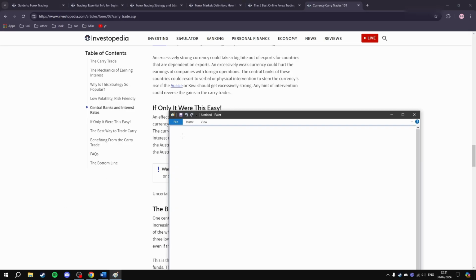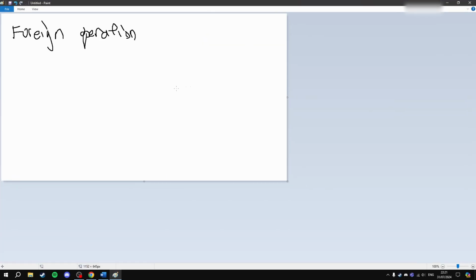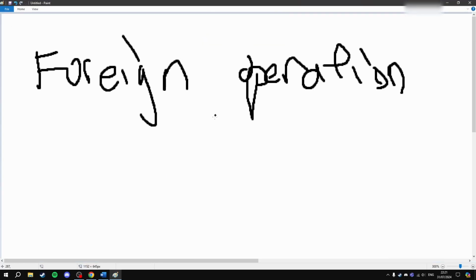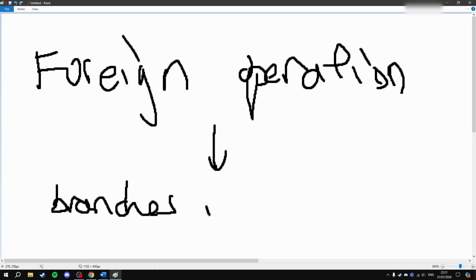So, foreign operation. Horrible handwriting. That means they would have branches in other countries.